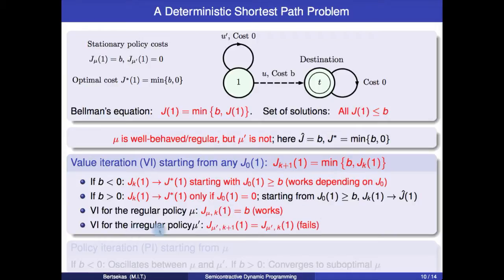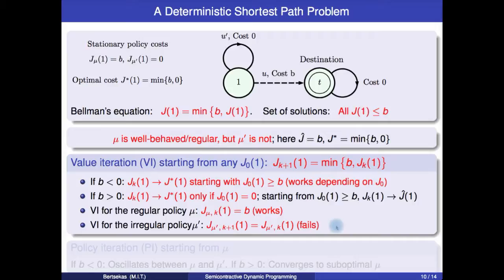Now, value iteration for the irregular policy mu prime that spins around along this self-cycle has this form here. The Bellman equation mapping is just J of 1, and so starting at any initial value stays at that initial value, so value iteration apparently fails for this irregular policy.